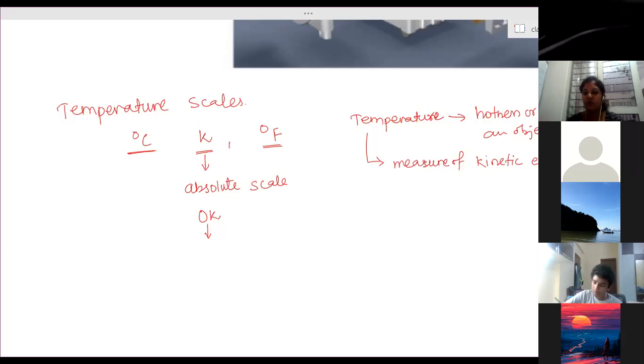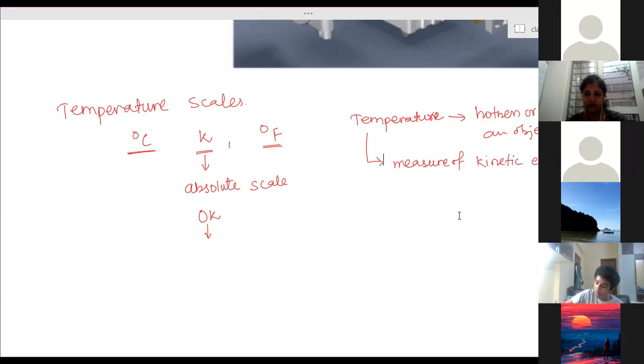So particles won't move at all. That stage is called actual zero temperature, absolute zero. When particles don't have kinetic energy, that should be the actual zero value of temperature.